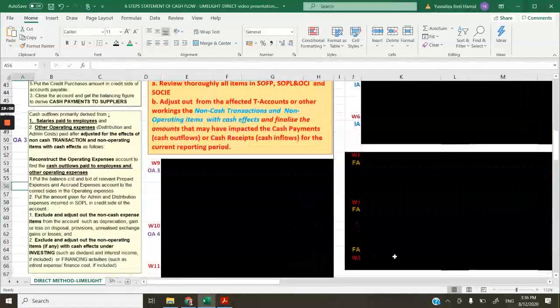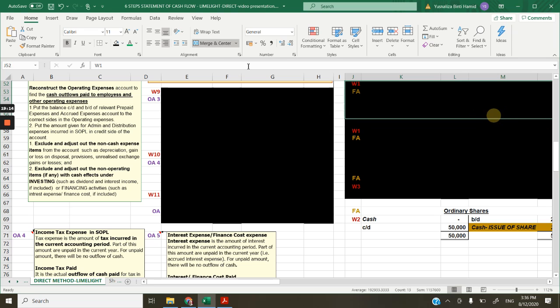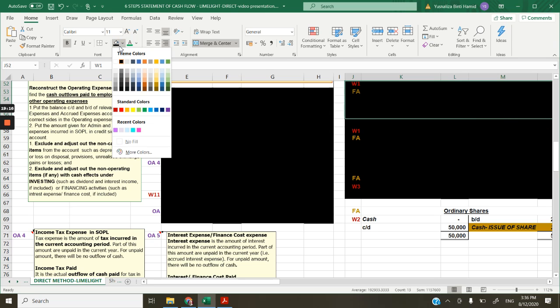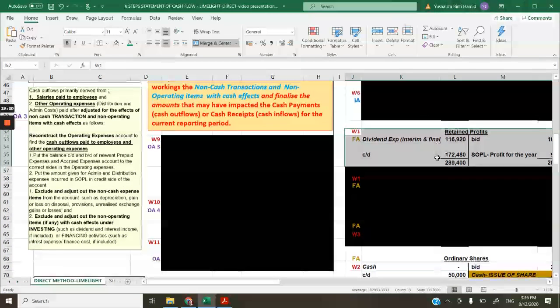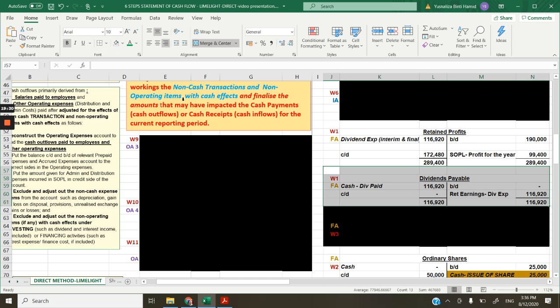Okay, I've done this part for you for the first item, the one regarding retained profit. The purpose of doing this is to find out how much has caused the changes to the retained profit and how much relates to cash.